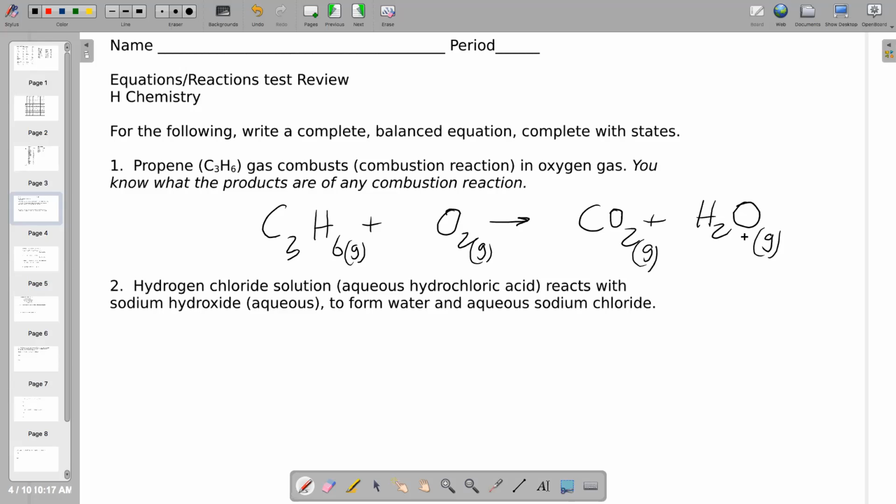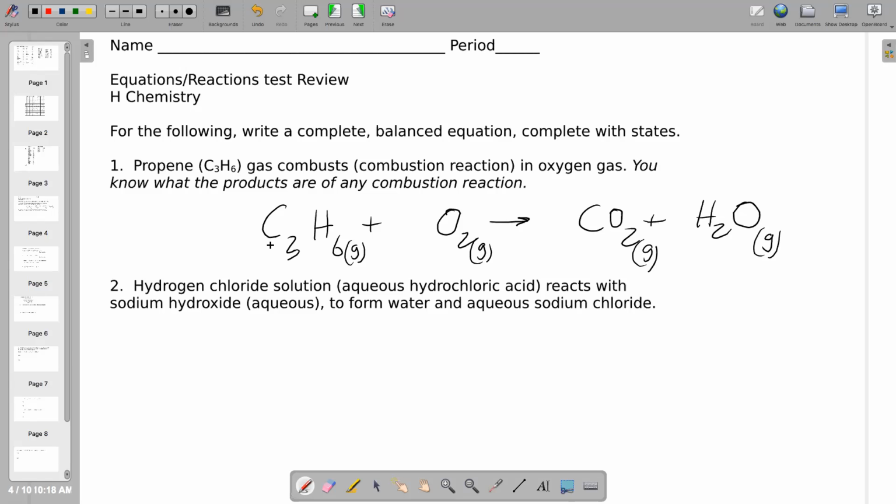You never, ever, ever run a generator inside a garage, inside a shed, inside an enclosed space, because the generator needs oxygen to run. And if the oxygen supply goes down, then the generator starts producing carbon monoxide, which is odorless, colorless, just puts you to sleep and then kills you. So you got to keep generators outdoors in properly ventilated areas. They don't run on propene, but they could. So that's how the reaction goes, and then you got to balance it.